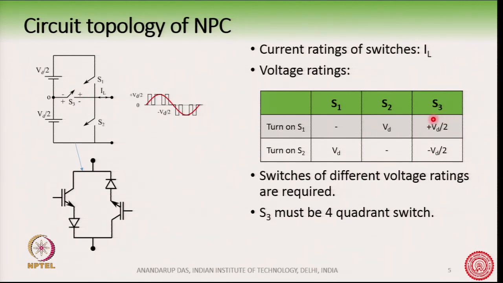So, this is what is shown here, that S3 needs to have plus Vd by 2 and minus Vd by 2 as the bidirectional voltage capability. This kind of bidirectional voltage blocking capability is possible through this kind of circuit here, where you have an IGBT and a diode in series like this.